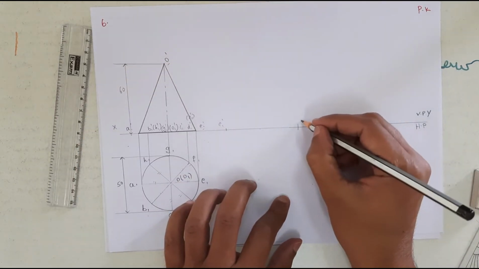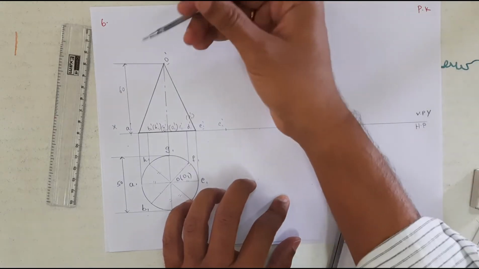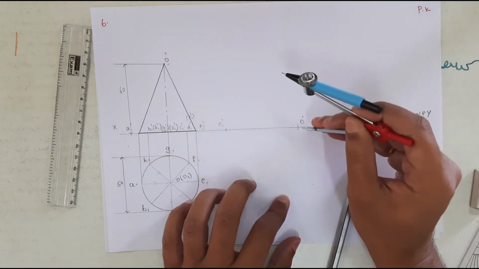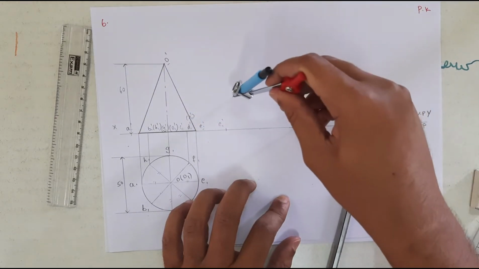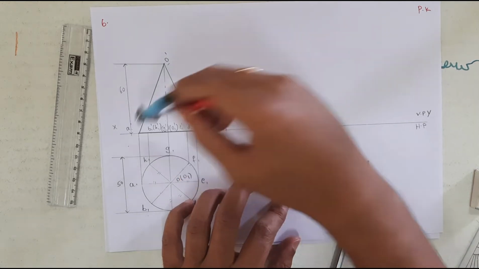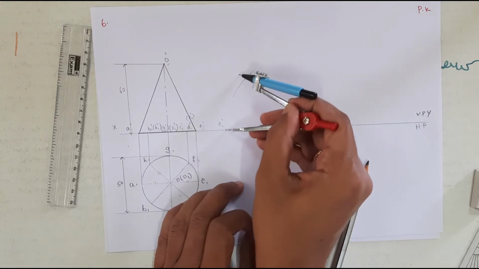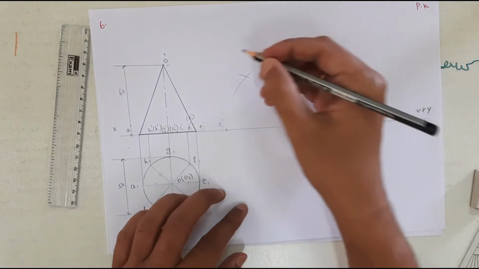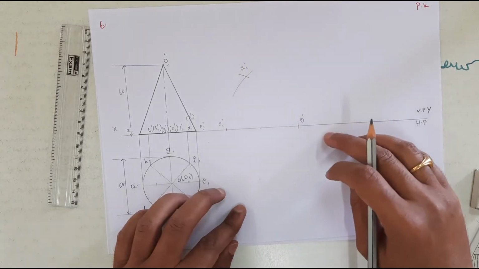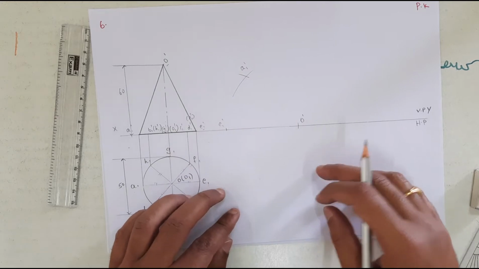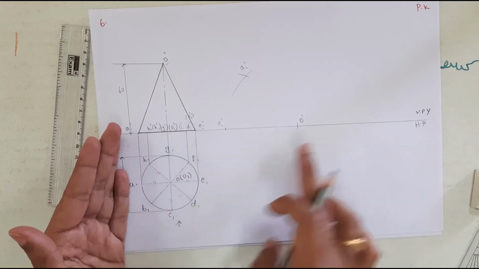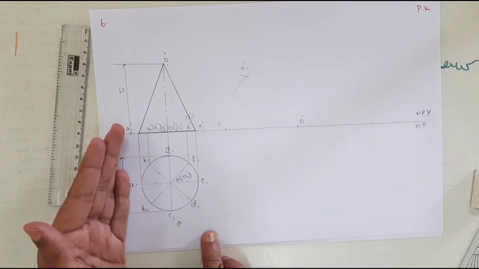From O dash to A1 dash, take the measurement and cut the arc, and take the measurement from E1 dash to A1 dash and cut the arc. So this is A1 dash. Now I am going to join this and locate all the reference points. After that I am going to draw the vertical projections as well as horizontal projections. Shall we do it together?